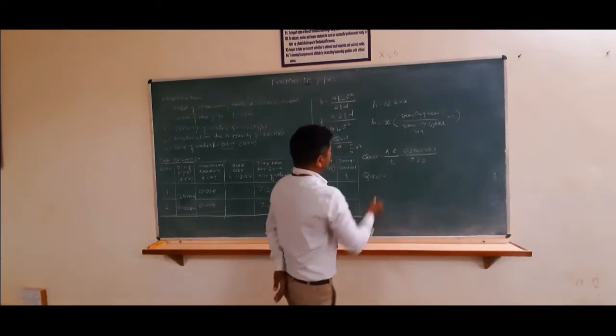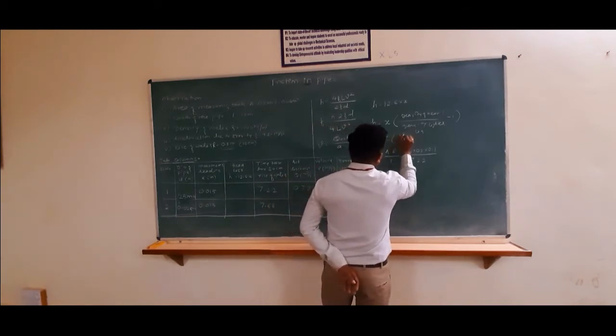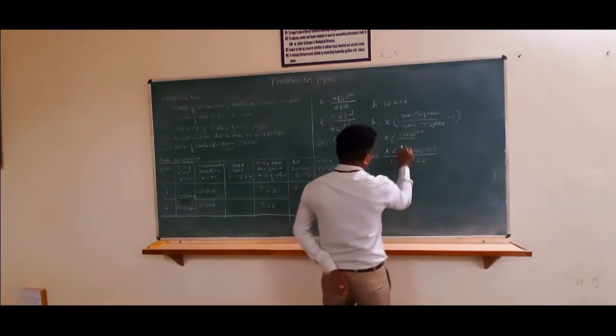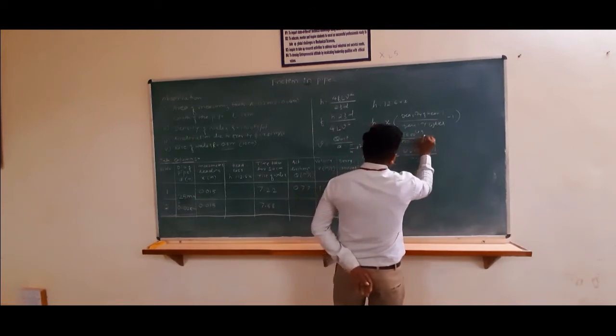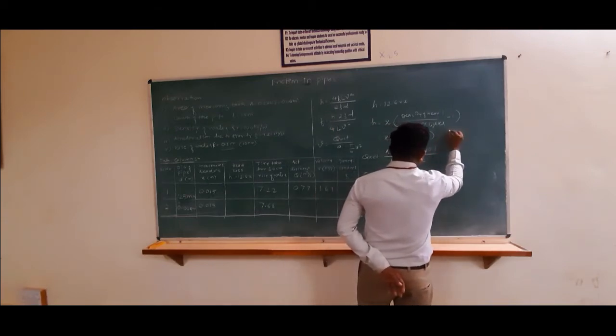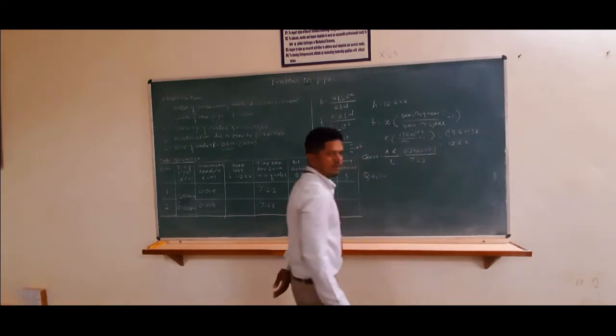So when you take the density of heavier liquid as 13,600, and the density of lighter liquid as 1000, minus 1, we are going to get this as 13.6 minus 1 into x. So this becomes 12.6 into x.